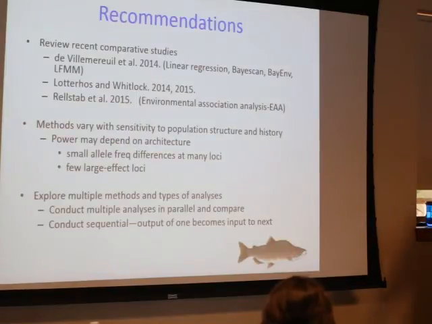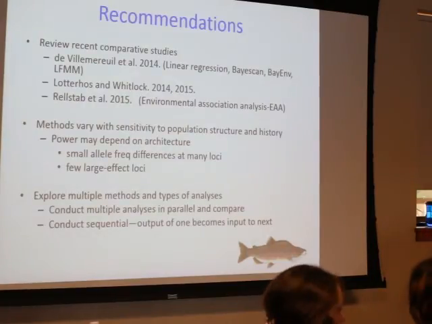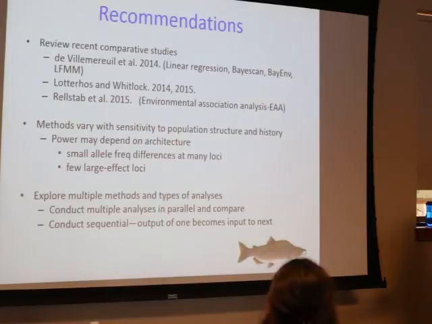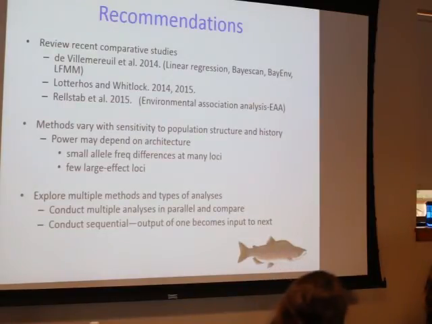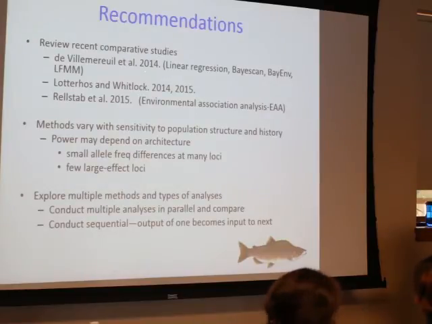Okay, so do I have any sort of take home? It's a lot, but maybe not quite as bad as it might seem, because quite a few more comparative studies have come out. This one in 2014 used linear regression, BayeScan, and LFMM, so latent factor.